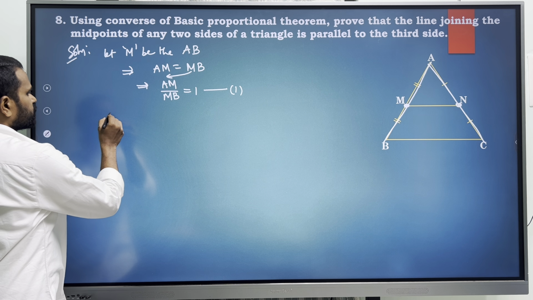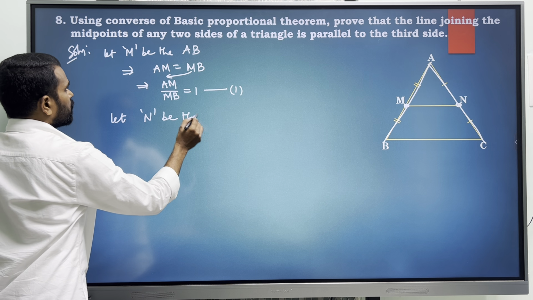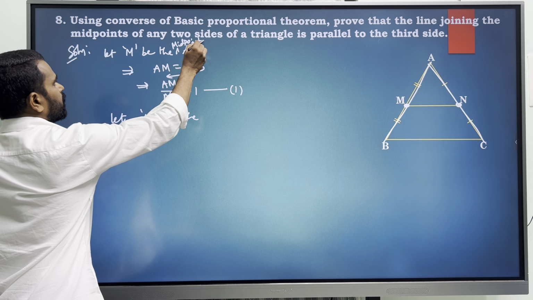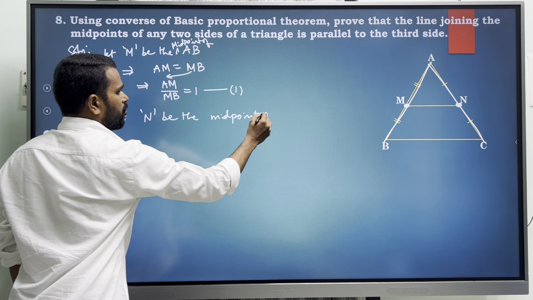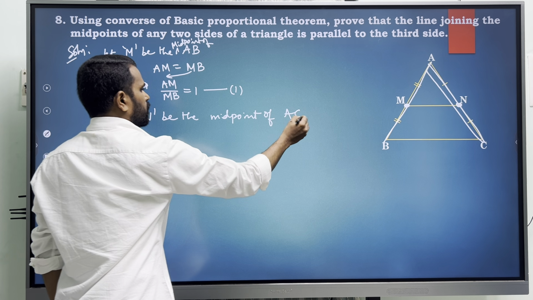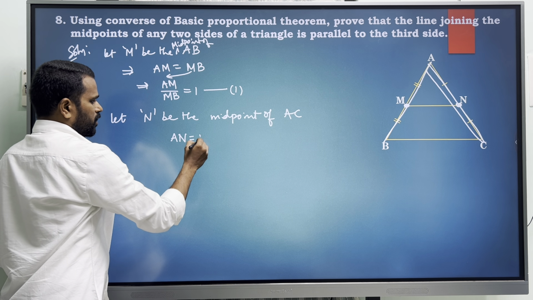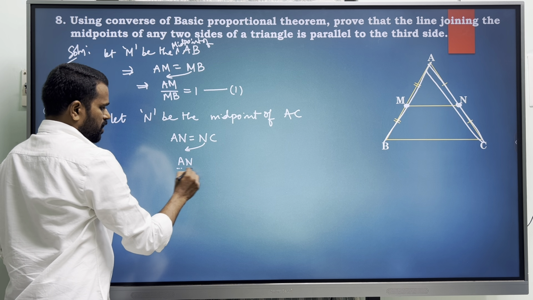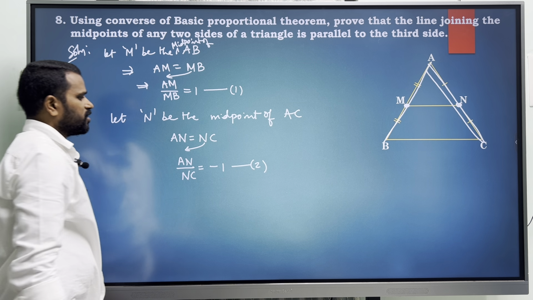Similarly, let N be the midpoint of AC. Therefore, AN should be equal to NC. Let us bring this to the other side: AN by NC equal to 1. Let this be equation 2.